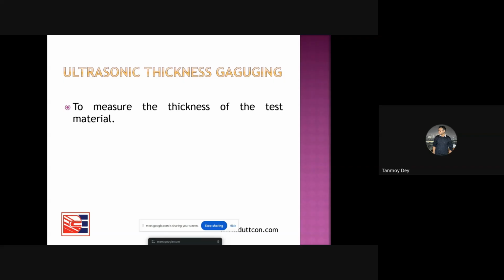This was the warning that there is some problem, but they ignored it. That's why this kind of test is used for preventive maintenance, not breakdown maintenance. For preventive maintenance, this particular test is very useful.